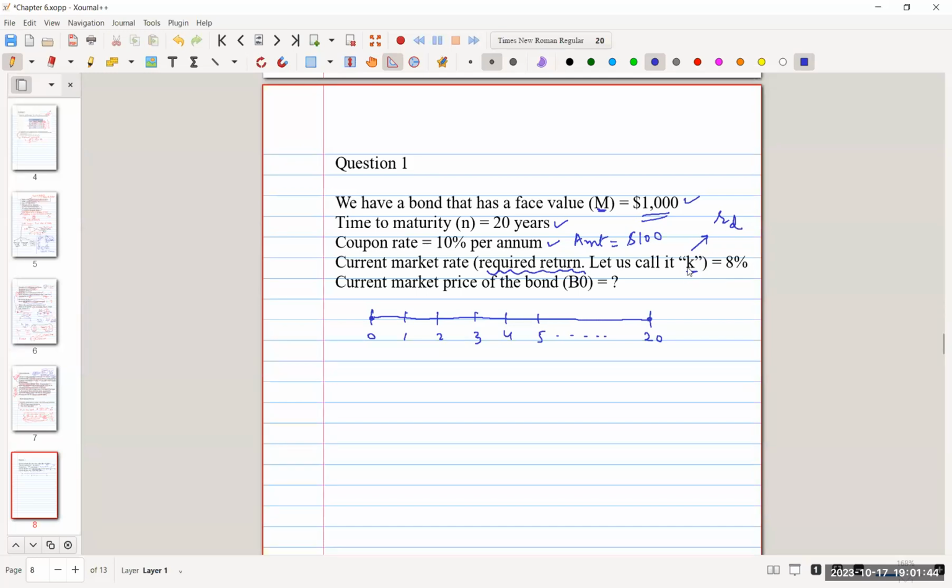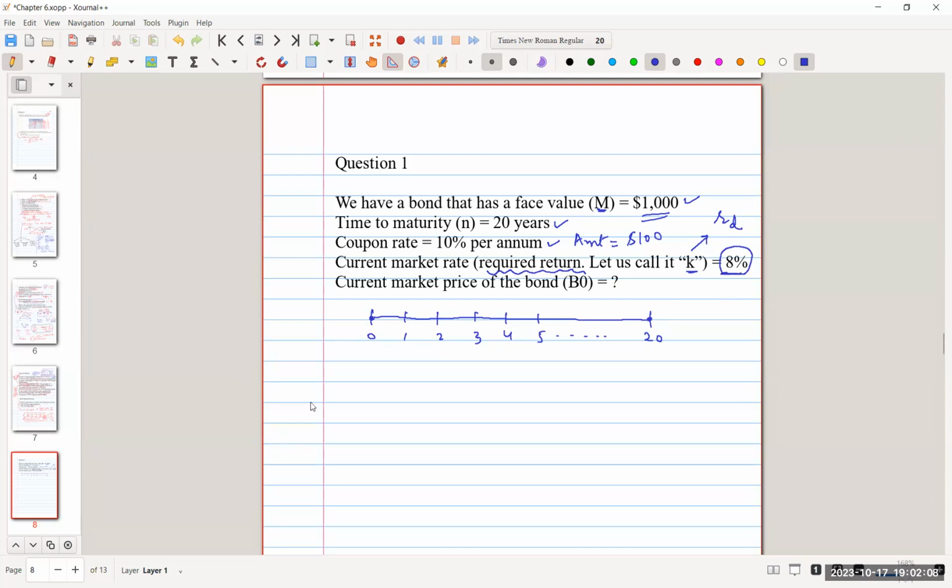As long as you know what it is talking about, you're good. So that is 8%, and this will be the rate used for discounting purposes. Remember, we have to calculate the present value, so we will need a discount rate. This market rate or required return will be the rate of discount, and that's 8% here.